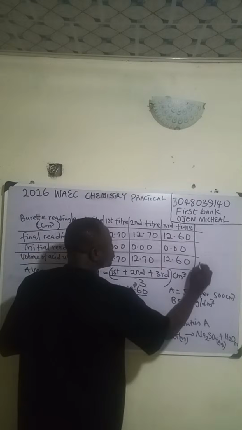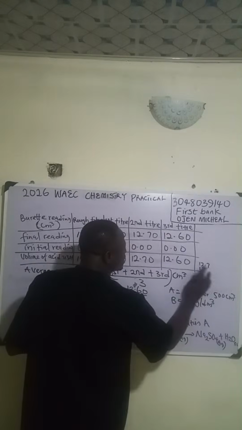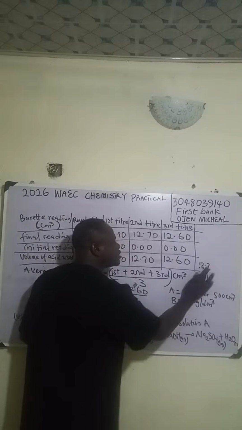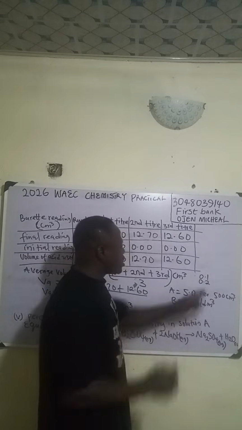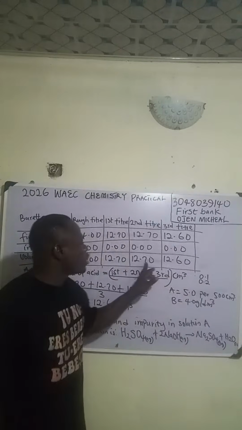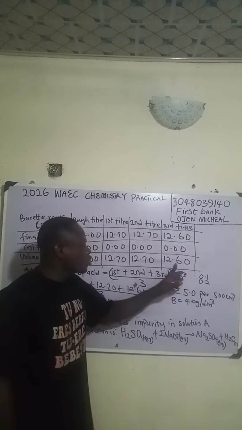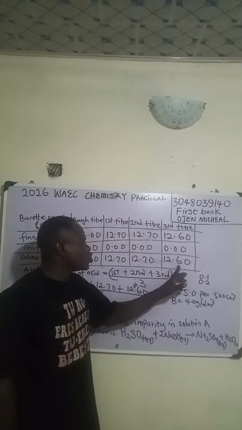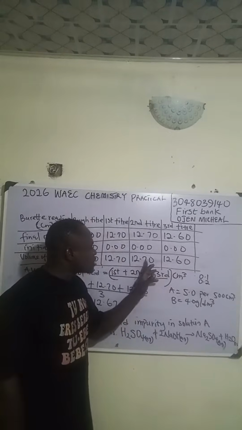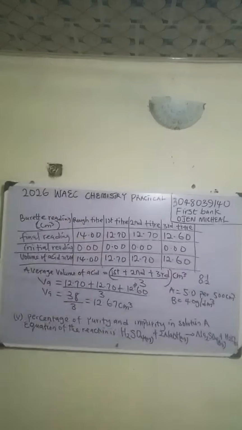If here is 12.7, here should be what? 12.6 or 12.8. 13 is too much. So the range must be 0.1 and 0.2. Like here, the difference between this one and this one is what? 7 minus 6 gives us 1, so it is 0.1. You can as well write 0.1, 0.2, but not 0.3. If you write that, you'll be penalized.